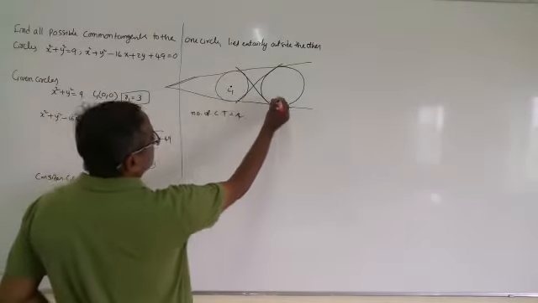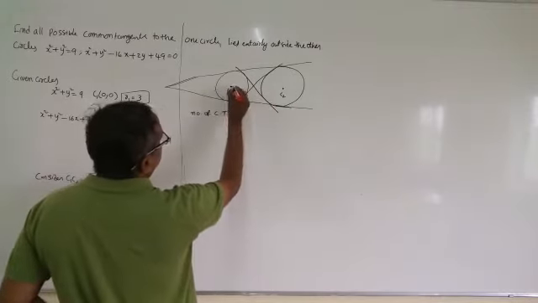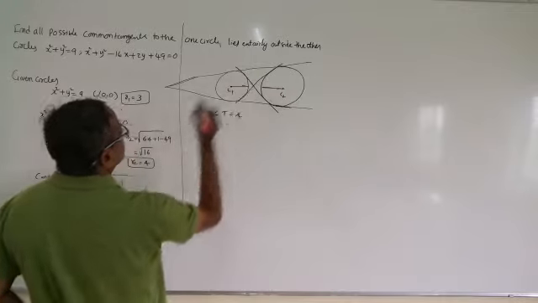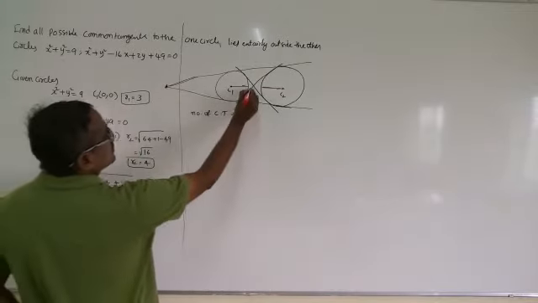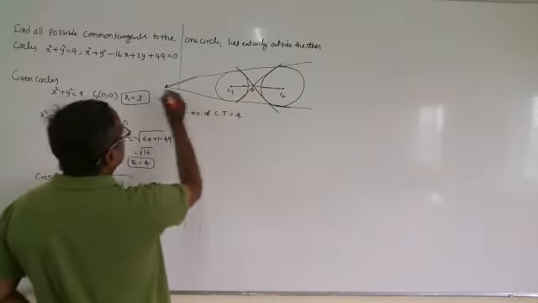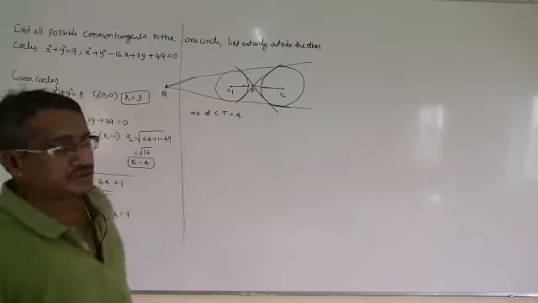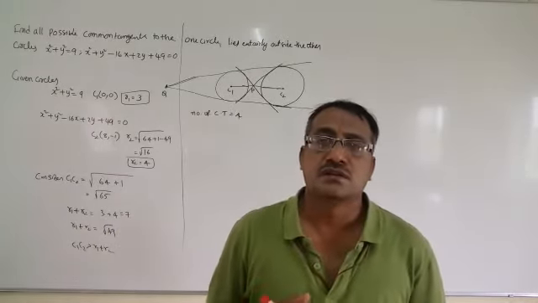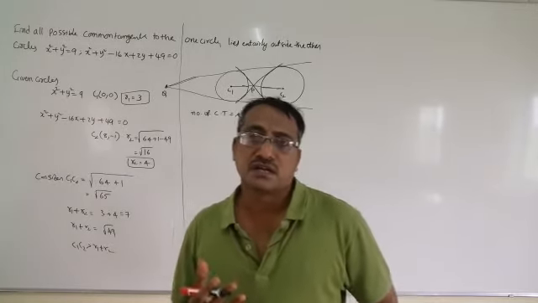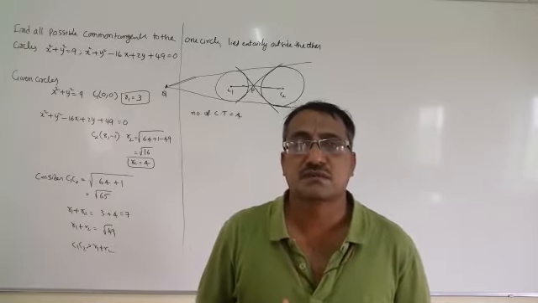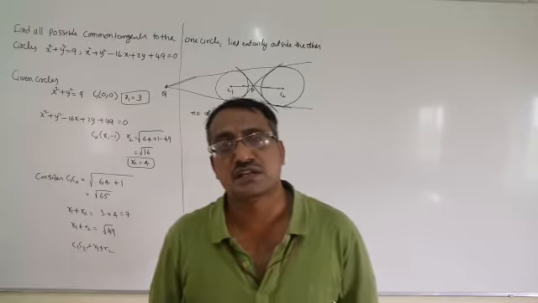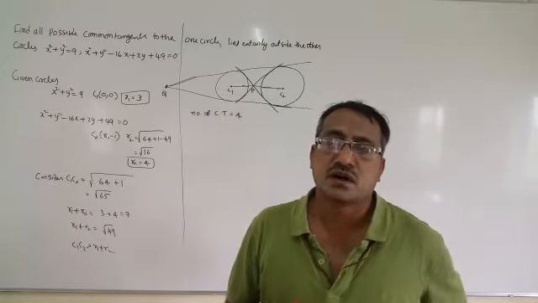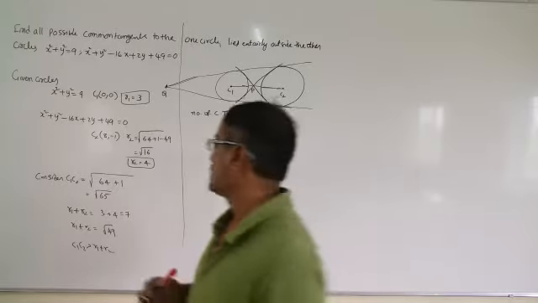It is a circle with center C1 and a circle with center C2. Now first let us find the transverse common tangents. The point of intersection of transverse common tangents divides the line joining C1, C2 in the ratio R1 is to R2 internally.